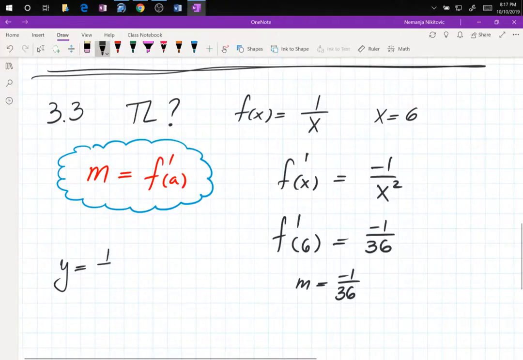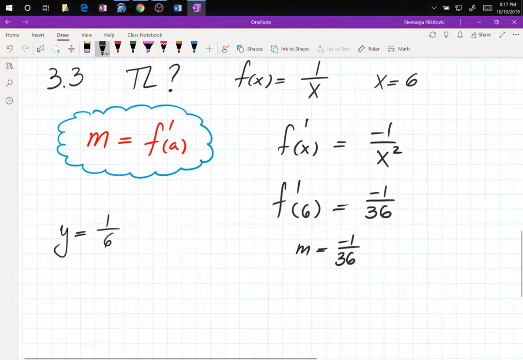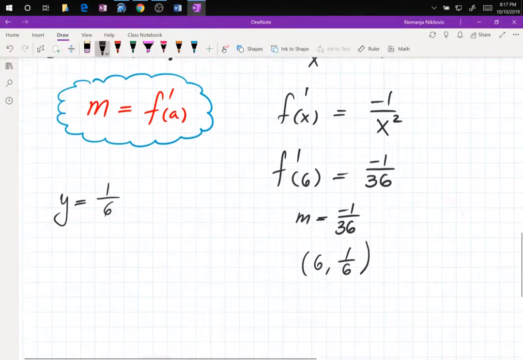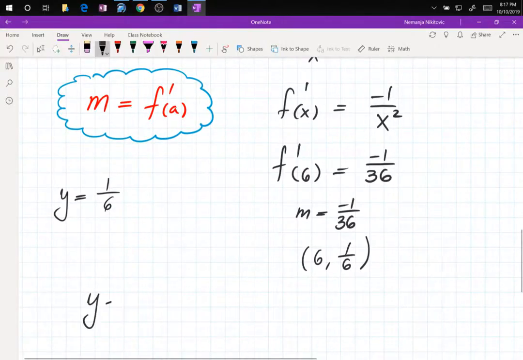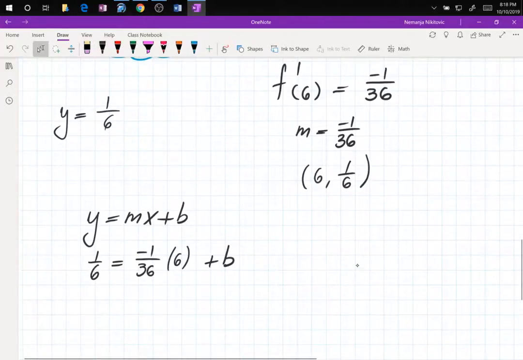Y is 1 over 6, and now you have m, and you have the point 6, 1 over 6. So y equals mx plus b. Your y is 1 over 6. Your m is -1 over 36. Your x is 6 plus unknown b, which is the y-intercept you are looking for.